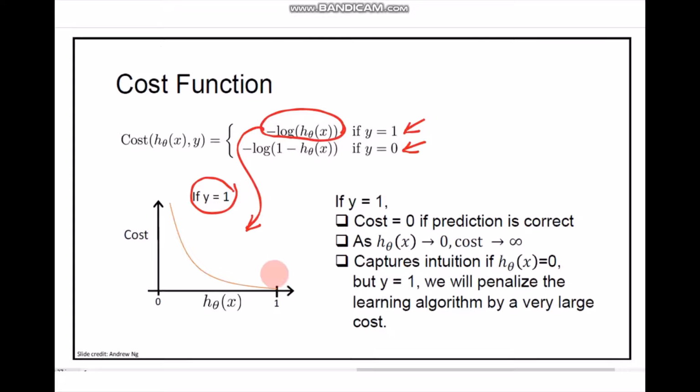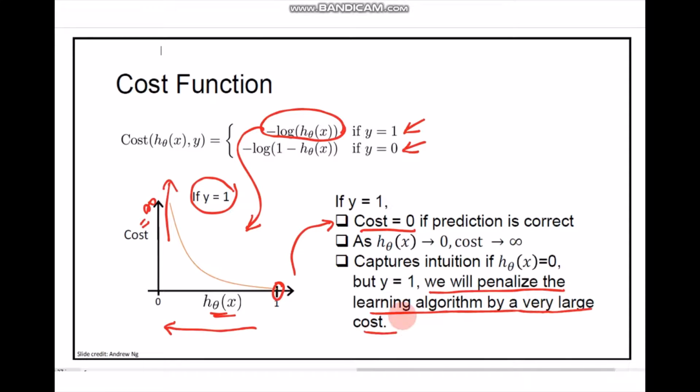So if h(x) equals 1, the value of the cost will be 0. But notice that if h(x) approaches 0, the cost will approach infinity. Therefore, we penalize the learning algorithm by a very large cost.